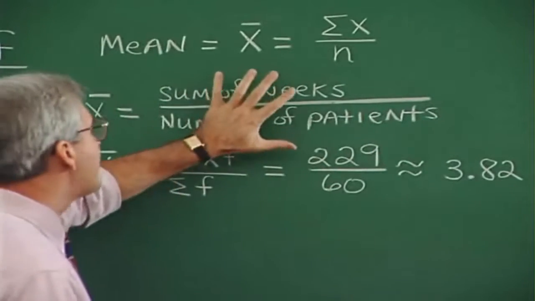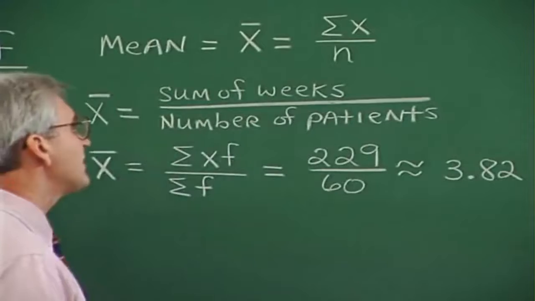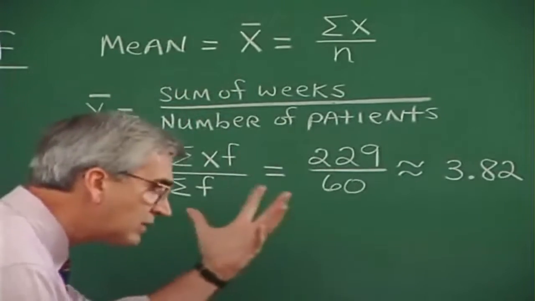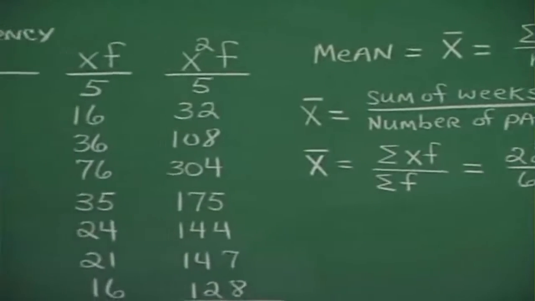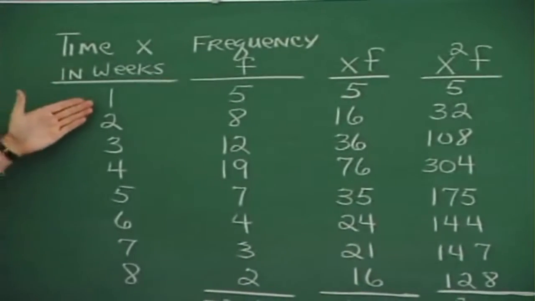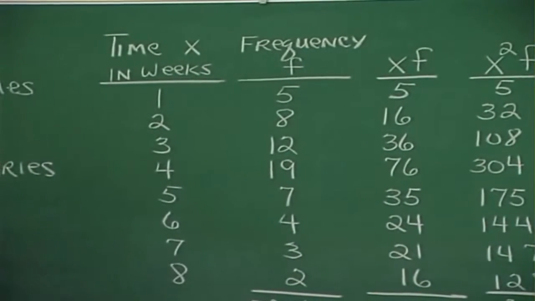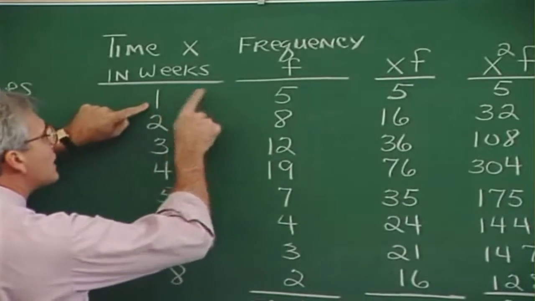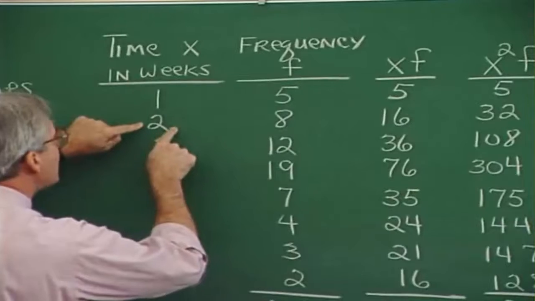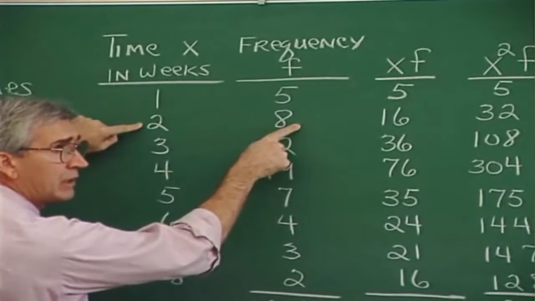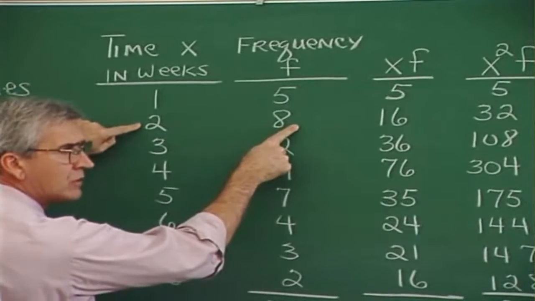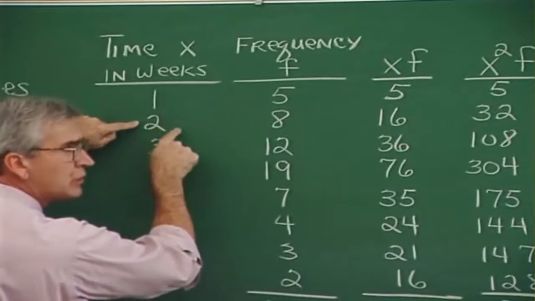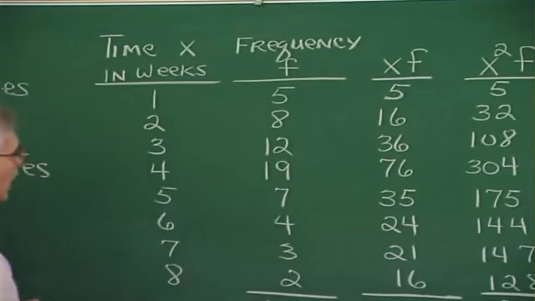Now, how do these ideas manifest themselves over here? The sum of weeks. Well, let's come back over here. Do we just add this column? No, because for a 1 week period, we have 5 of those. For a 2 week period, we have 8 2-week periods of recovery. So we would have to add 1, 1, 1, 1, 1, 2, 2, 2, 2, 8 of those, and so on.